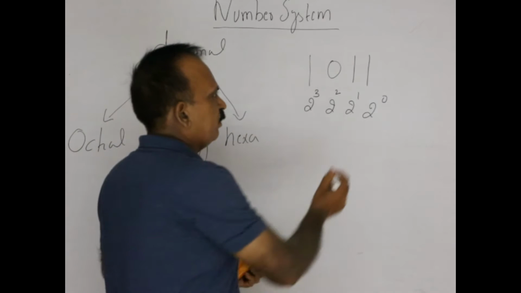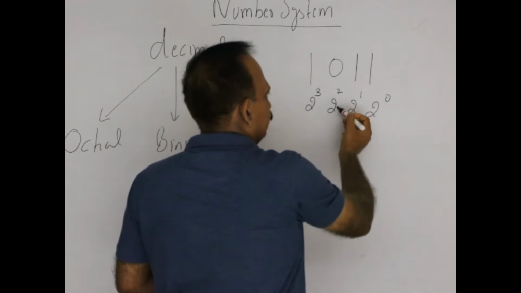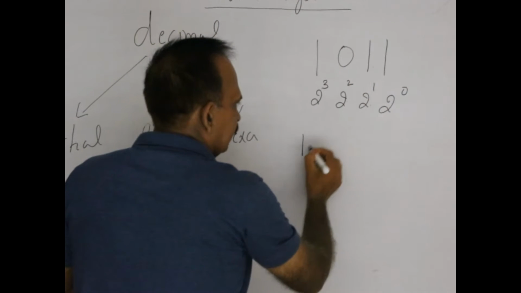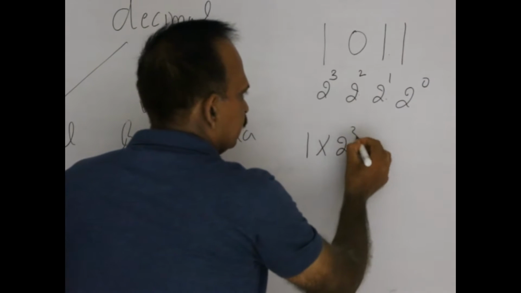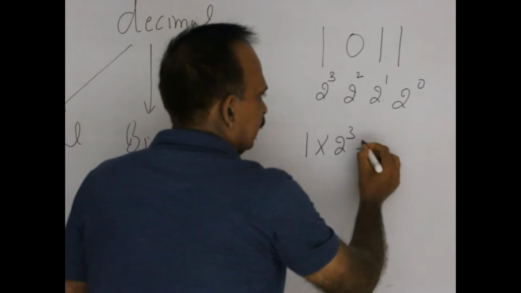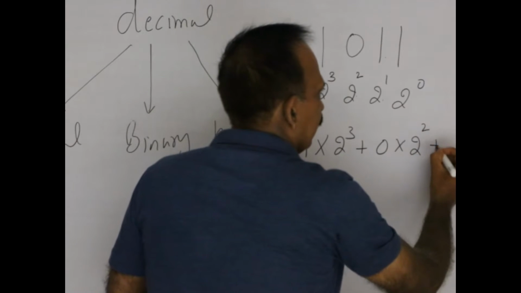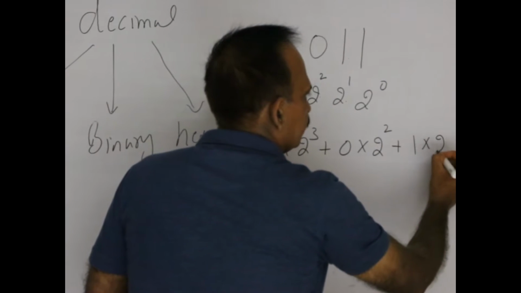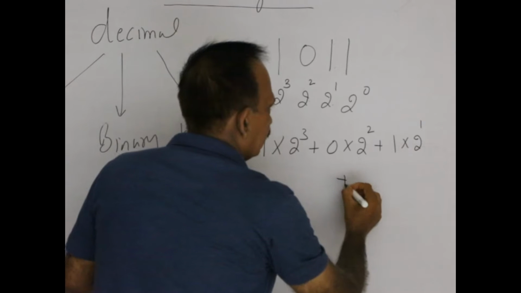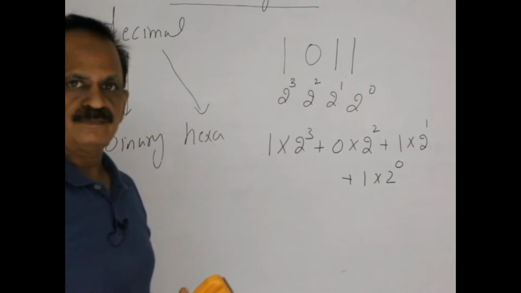Then we will be multiplying these two and we will add all of these, like 1 into 2 raised to the power 3, plus 0 and 2 raised to the power 2, plus 1 and 2 raised to the power 1, plus 1 and 2 raised to the power 0.